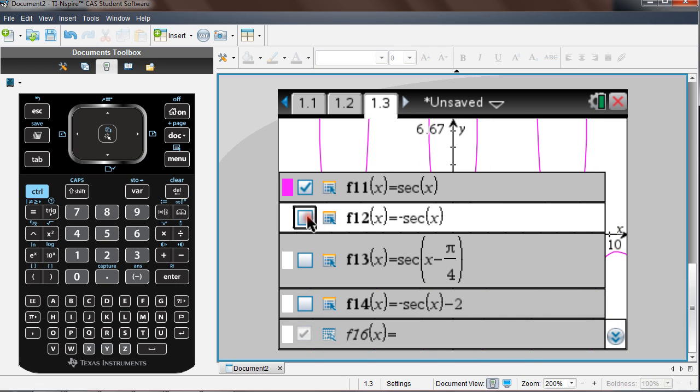So click that off. In here, in the parentheses, with the x, I subtract whatever pi divided by 4 is. Could get a decimal, but all you need to know is it's 3.14 divided by 4, 0.8 almost. I'm subtracting that, so I'm going to be moving this to the right by roughly 0.8.